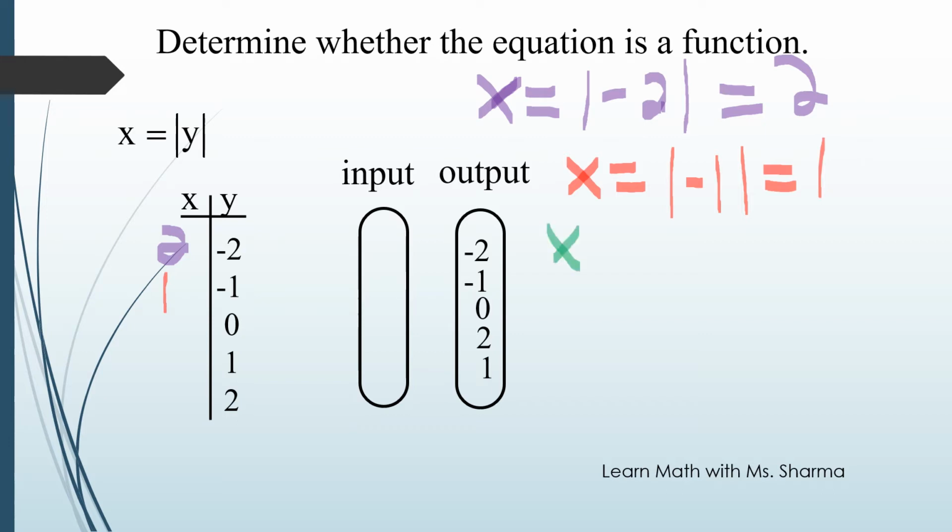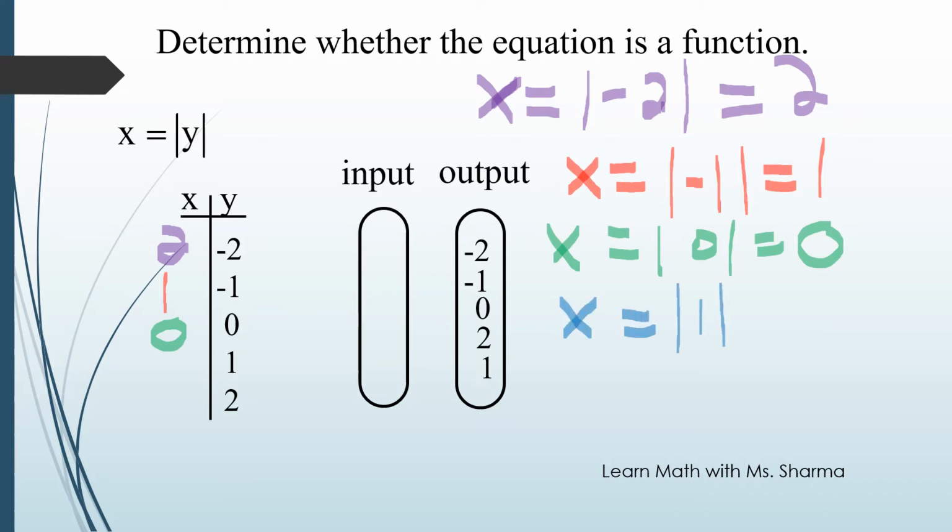When we take the absolute value of 0, still 0. When we take the absolute value of 1, the absolute value of a positive number is always positive, but for a negative number, the sign will change and it will become positive. And then the absolute value of 2.